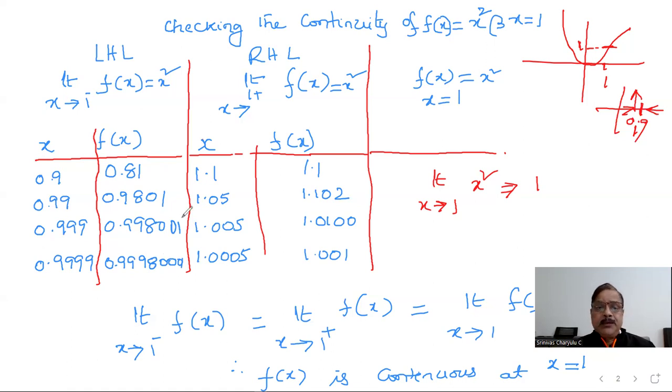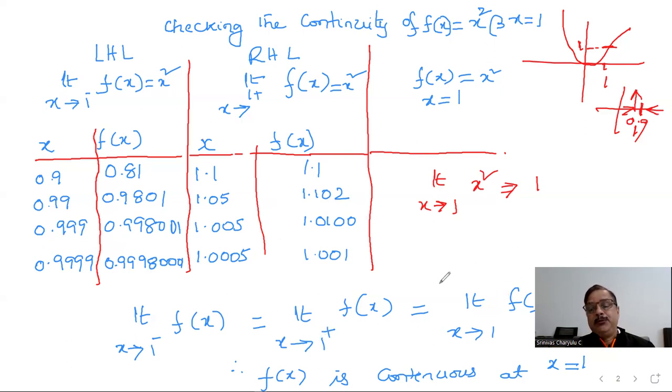Again, if I come from the right hand side, it will become 1.1, 1.05, 1.0005, and finally 1.00005 or 1.000001. We don't touch the 1. Here also we observe the output trending towards 1. So both the LHL as well as the RHL values are trending to 1.